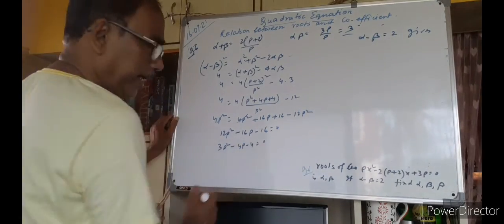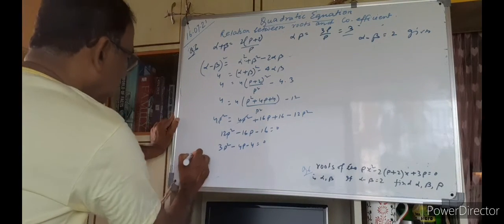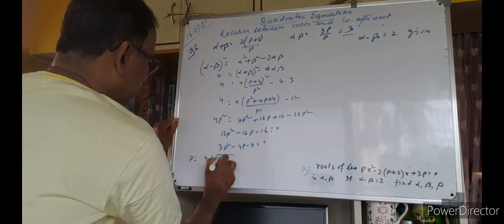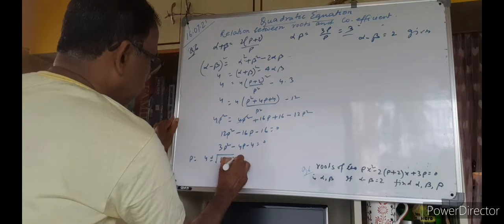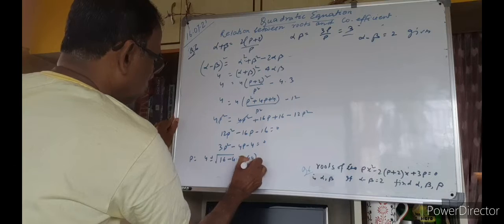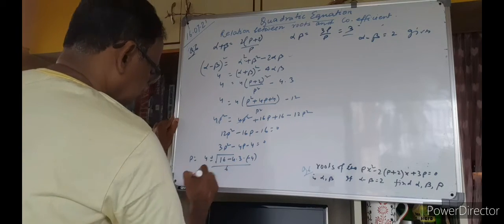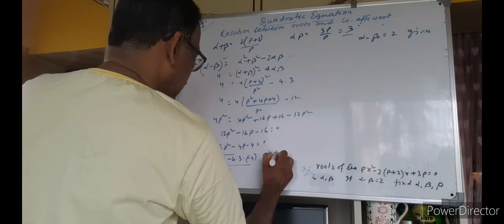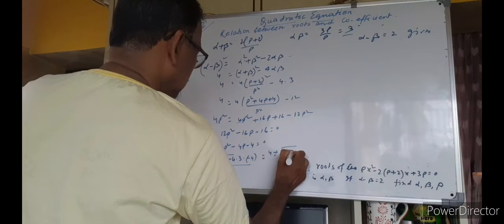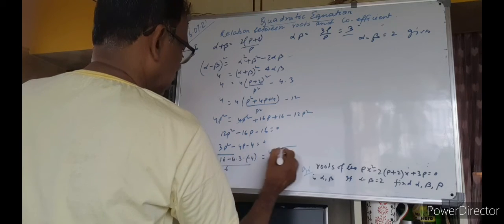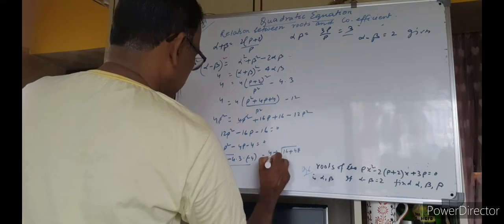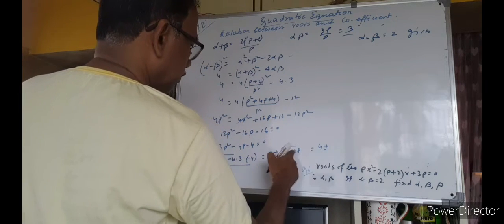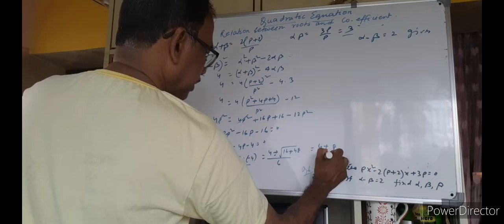Now, a second degree equation in p, using Sridhar Acharya's formula: p equals 4 plus or minus the root of b square, 16 minus 4 into 3 into minus 4, by 6. That equals 4 plus or minus the root of 16 plus 48, by 6, that is 4 plus or minus 8 by 6.